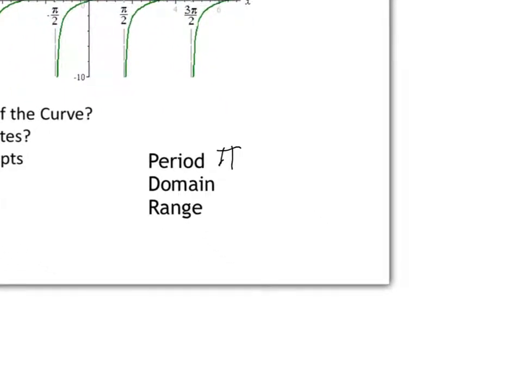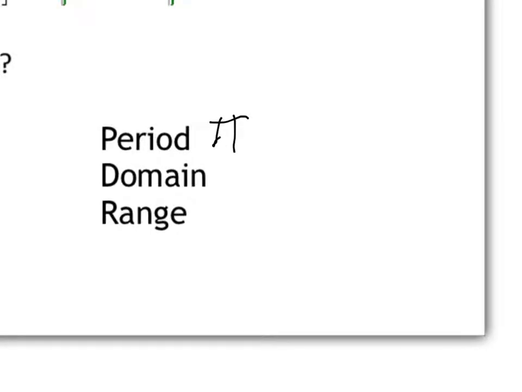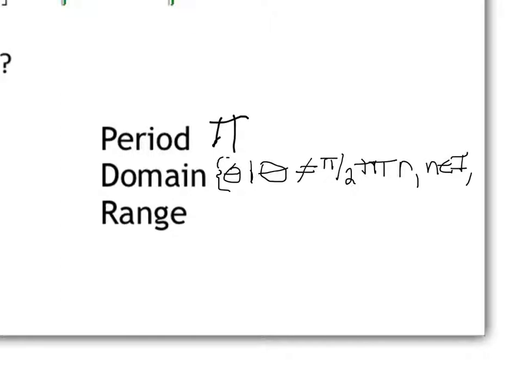We also see that if we look at the domain, we are still allowed to have our value of theta. But in this case, it's going to be all thetas that are real with some exceptions. So in this case, theta cannot be pi over 2, and we know the period here is pi. And when we talk about n, we're talking about any number in the integers.